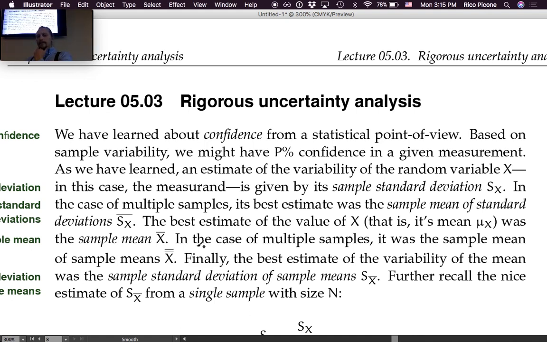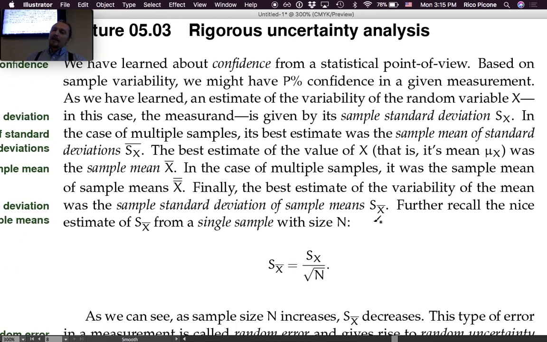And this is the one that we're actually probably most interested in terms of our confidence intervals, because this is an estimate of how well we know what that mean value is. Okay, and often our best estimate of the measured value is the mean. So we care about how well we know the mean. So Sx bar is often of great importance to us.